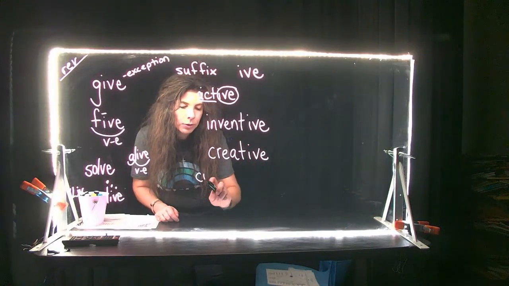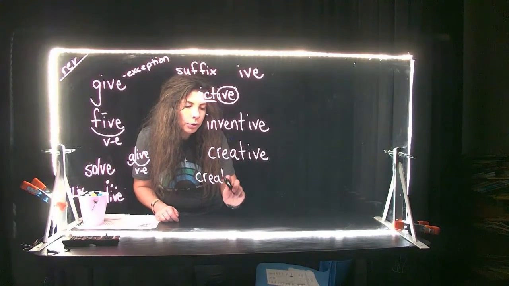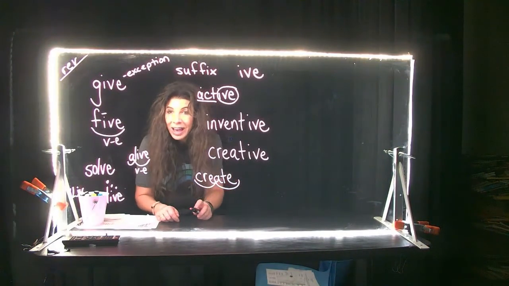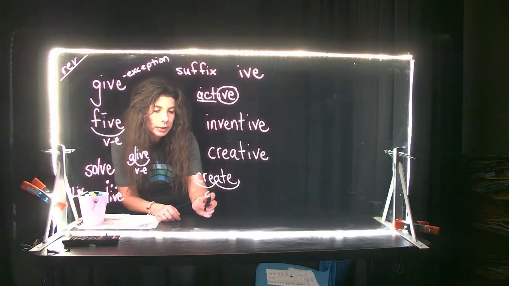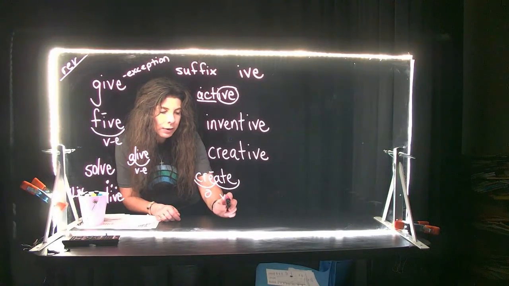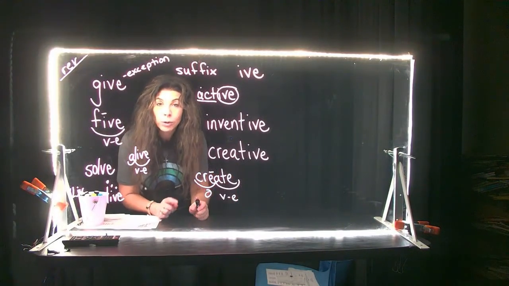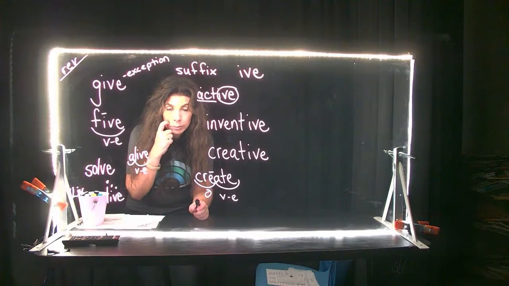Now, if you notice the word create, the base word create is a vowel consonant E. It's an open syllable, cre, and then a vowel consonant E. And if you notice, we drop that E. We're going to talk more about that rule tomorrow.